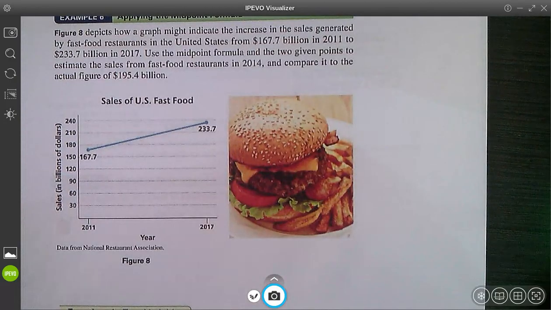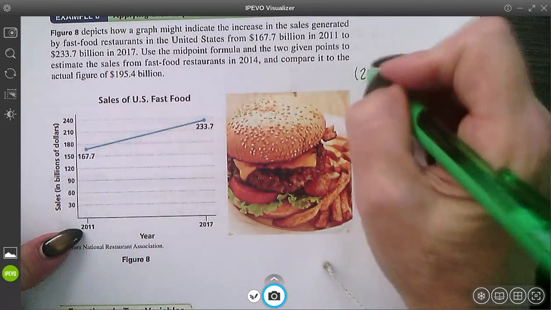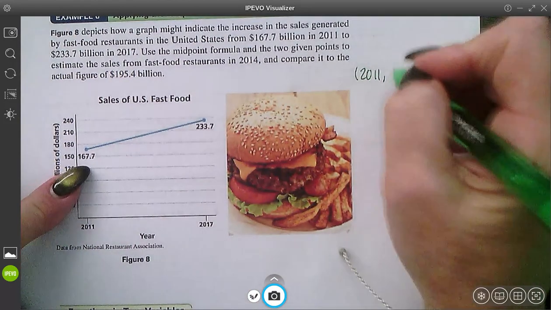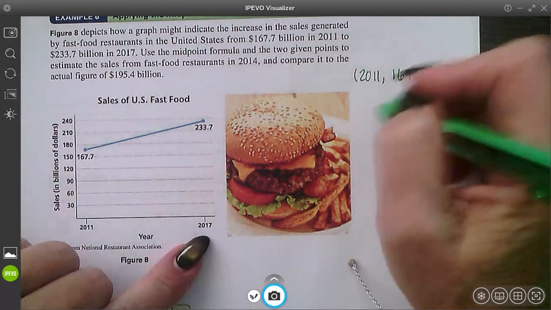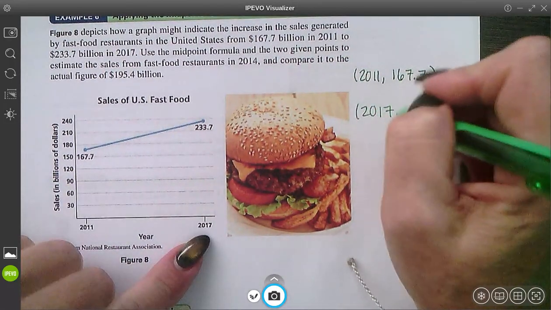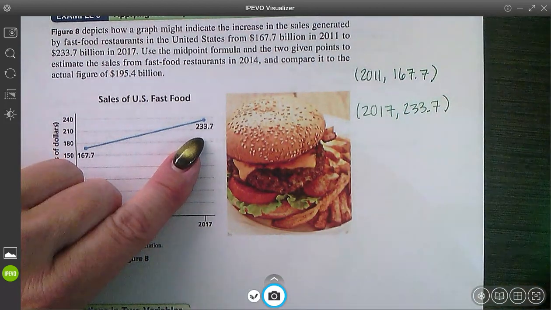So what they're banking on is us making two ordered pairs. The first ordered pair is 2011 and 167.7 billion. The second ordered pair is 2017 and $233.7 billion.